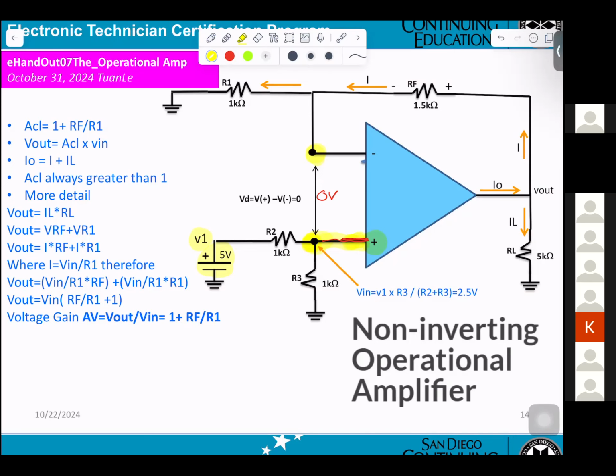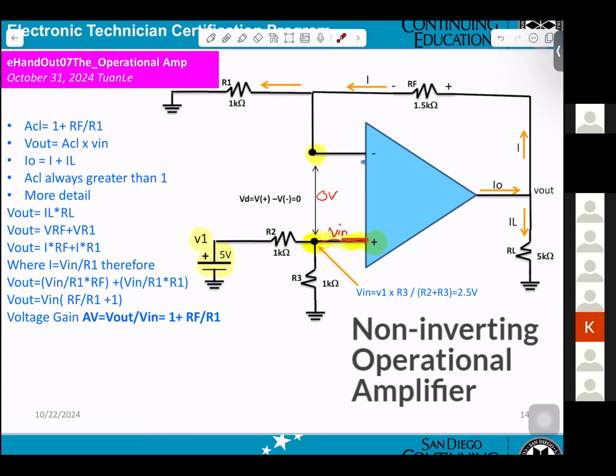Okay. Now, when we're talking about V in, it has to connect directly to the positive input. So that's why we are in here. However, if you're looking into the circuitry, you get V1 right here.